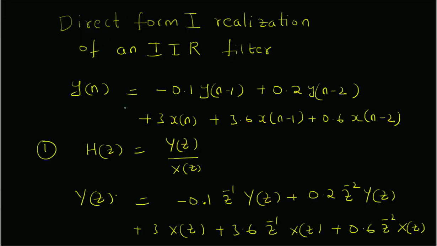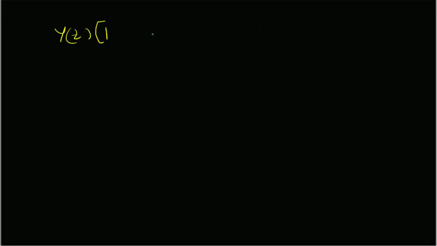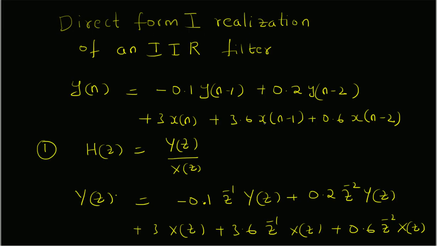That is Y of z multiplied by 1, and this minus 0.1 z inverse Y of z becomes plus 0.1 z inverse, and then minus 0.2 z power minus 2 for the last term, that is minus 0.2 z power minus 2 Y of z.